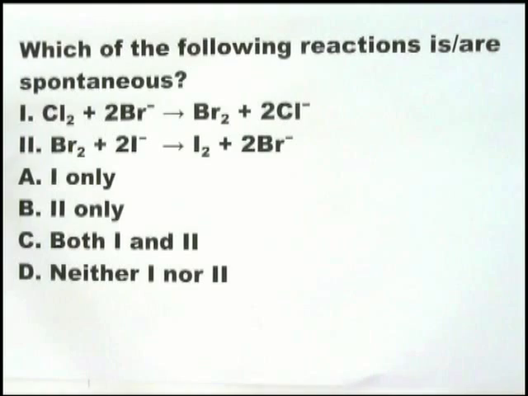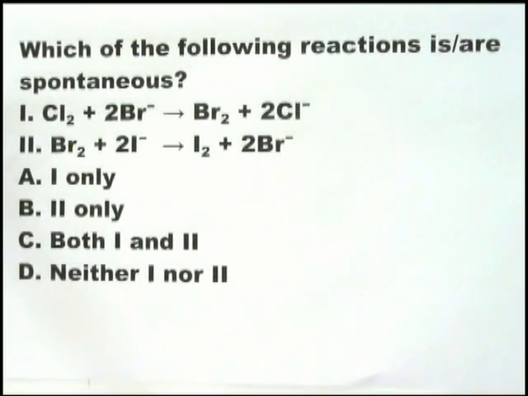In this sentence, the examiner is asking you if you understand the meaning of the word spontaneous: does the reaction go to completion? What you have to do is remember a concept, or maybe two concepts, that you learned a year or 2 years ago.